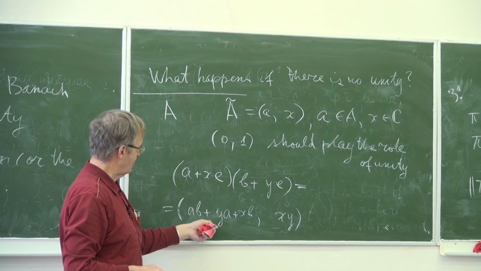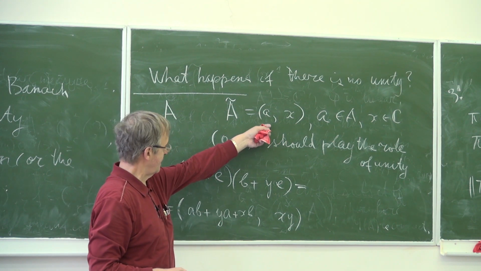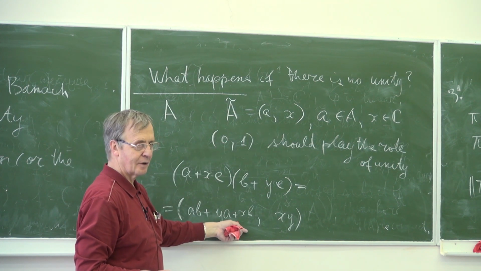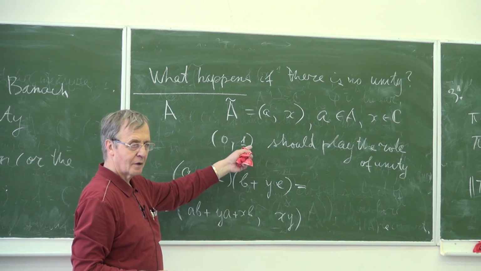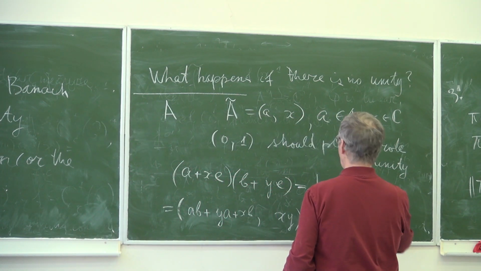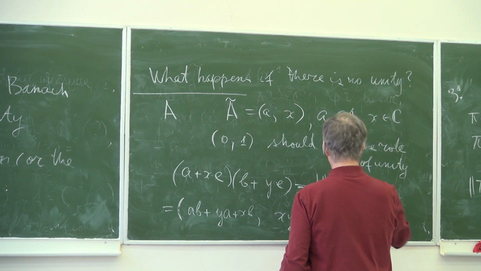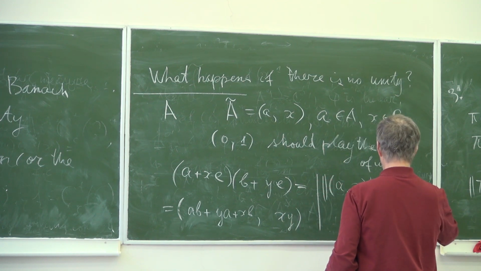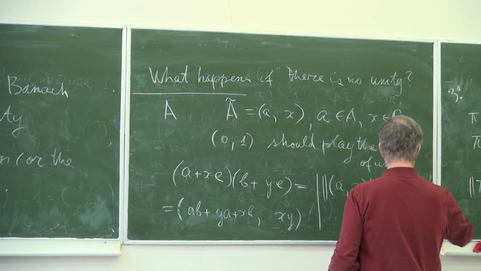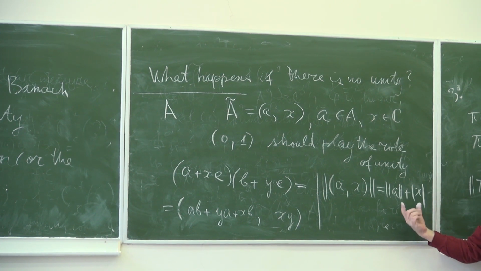There is no way to define multiplication in this algebra except this one, so let's define multiplication in this way. And as to the norm, let's put the norm of this pair simply equal to the norm of a plus the absolute value of x, so that we norm this in the l-one sense.